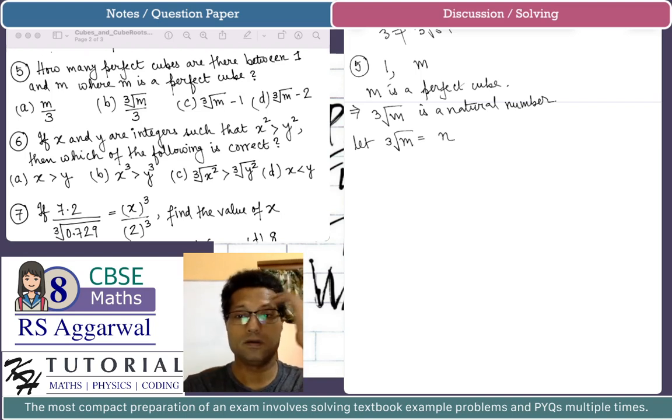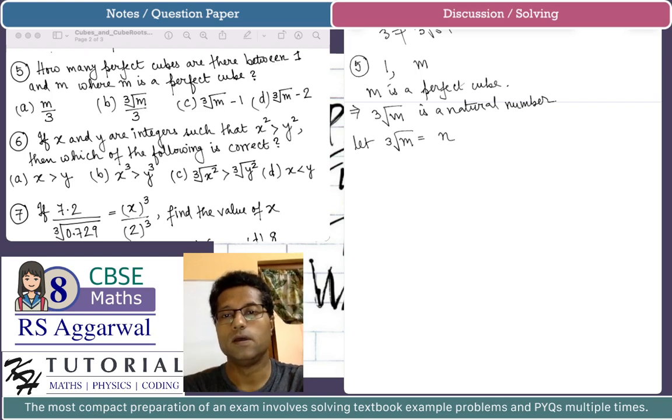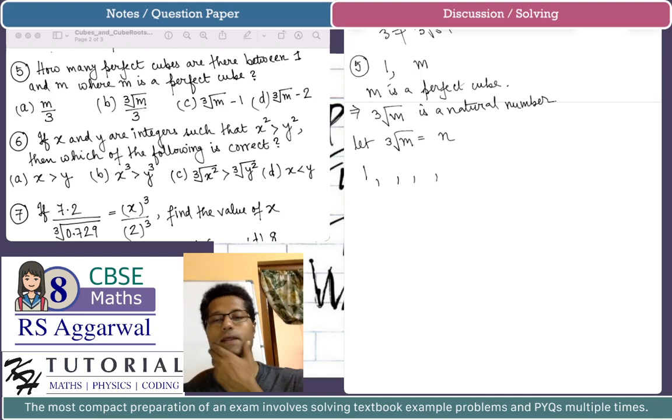So we have to find all the perfect cubes between 1 and m, and we have assumed that the cube root of m is equal to n.